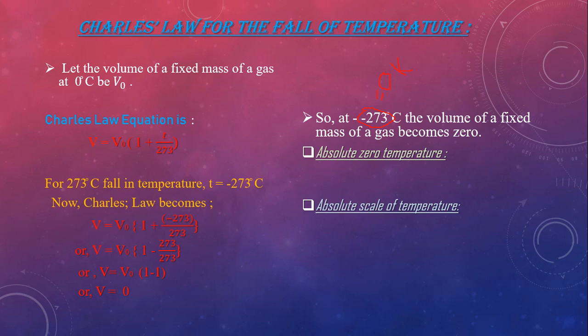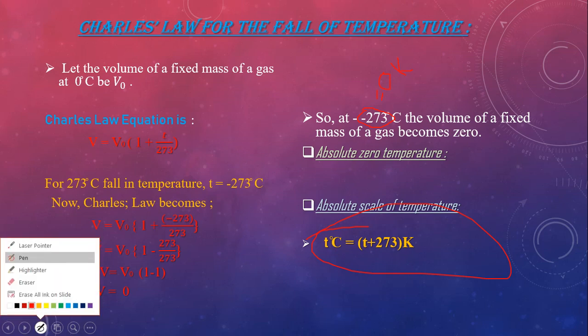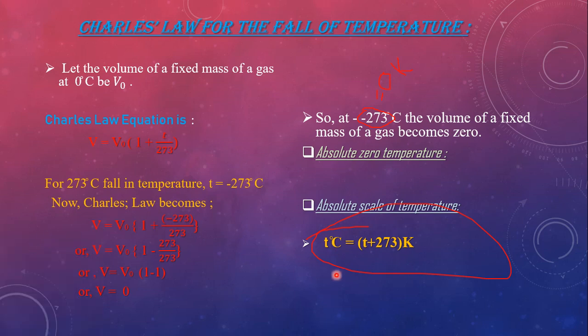of temperature. Now the relation between the absolute scale of temperature and Celsius, we all know, is pretty simple, right? So remember this relation between temperature in degrees Celsius and temperature in Kelvin.